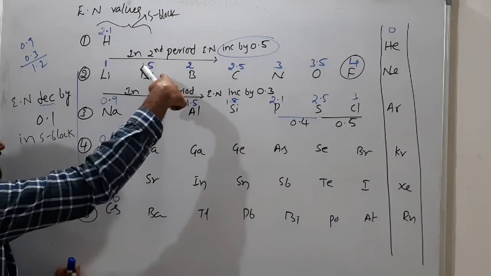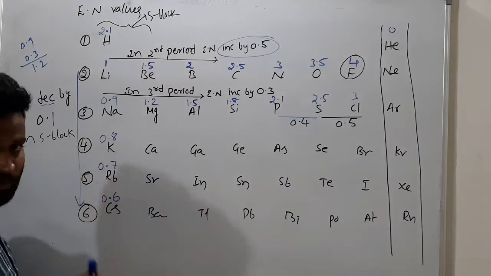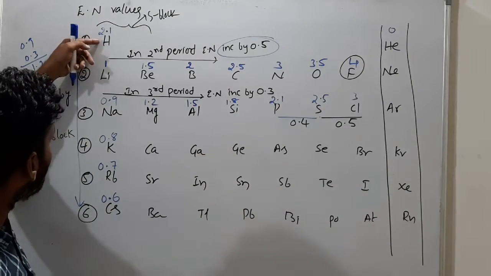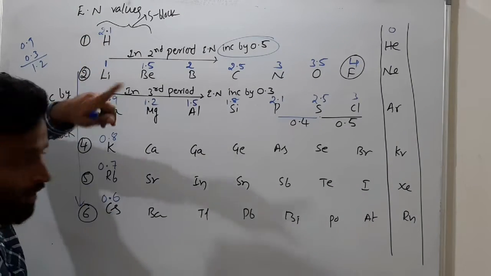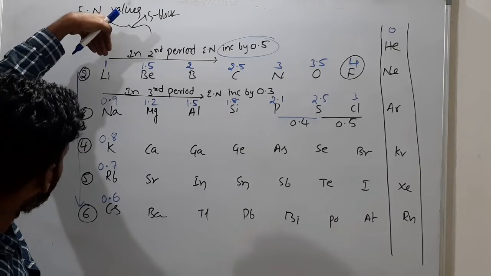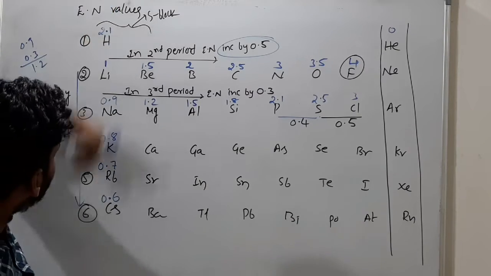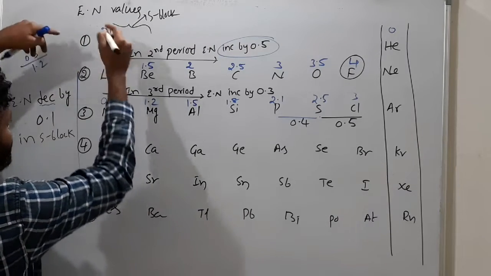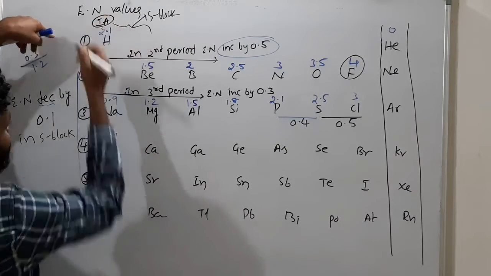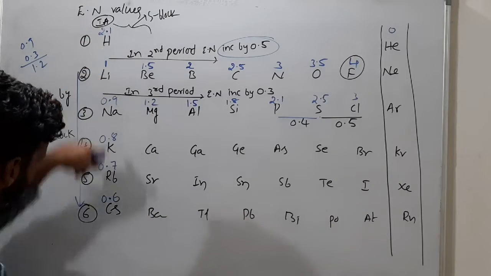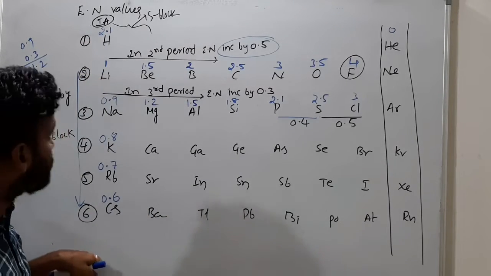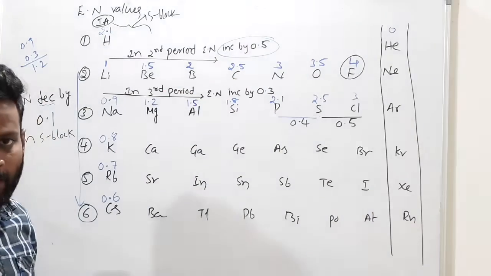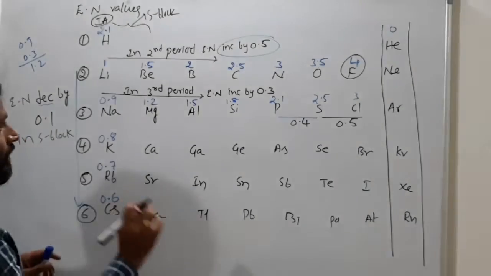So here difference is not 0.1, I know. So that's why I said to remember electronegativity values, first hydrogen, then start with lithium 1 and have electronegativity values in 1A group. This is hydrogen and helium and hydrogen, lithium, all these are 1A group elements. So in 1A group write down electronegativity values, then write down in second period and third period like this. Got it, sir, everyone? So very important.